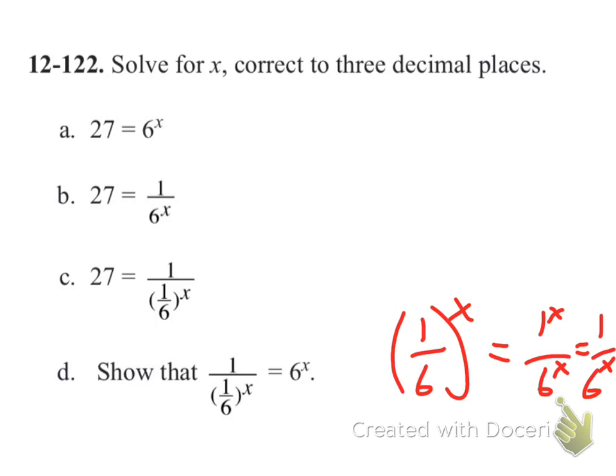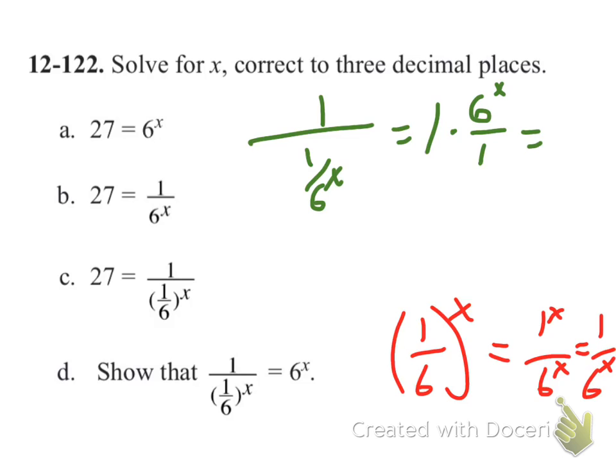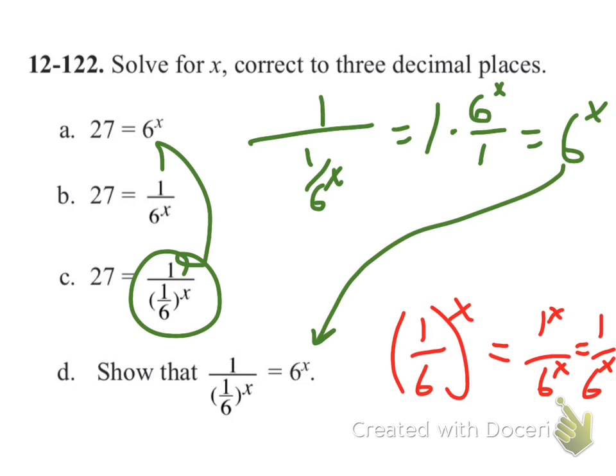So when I think of this fraction now, I have 1 divided by 1 over 6 to the x. Instead of dividing by a fraction, I am going to take my numerator and multiply by its reciprocal, 6 to the x over 1. And that just is 6 to the x. So again, that's proving that, and also why that one is the same as problem A.